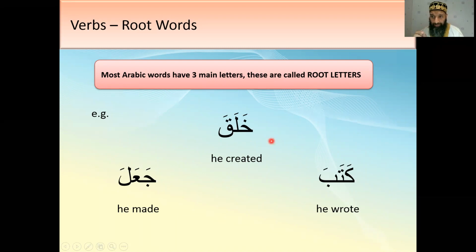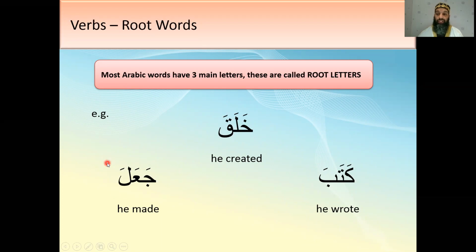A root word is like the simplest form of a word. So most root words consist of 3 letters. Look, khalaqa, that is a root word. Kataba, this is a root word. Ja'ala, this is a root word.